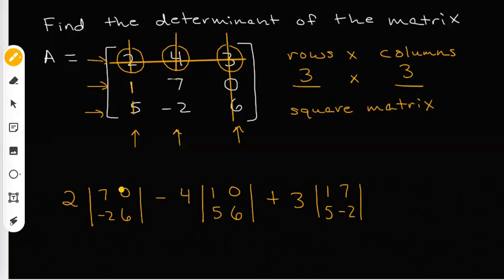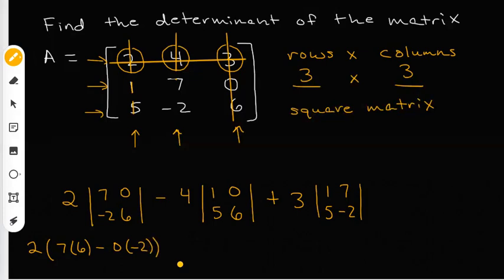Whatever is inside these straight lines is what you're going to be finding the determinant of. So I need to bring down my 2 first, and then I'm going to have 7 times 6, minus 0 times -2. So I'm finding the determinant of this 2 by 2.